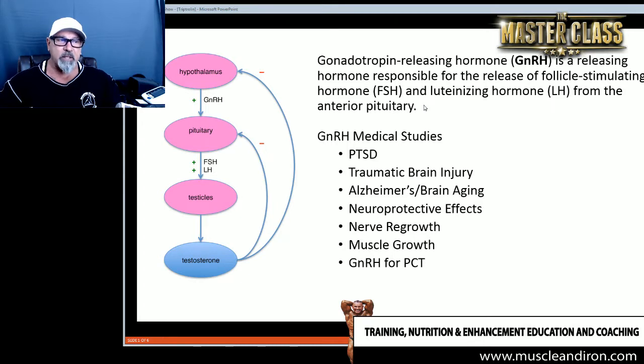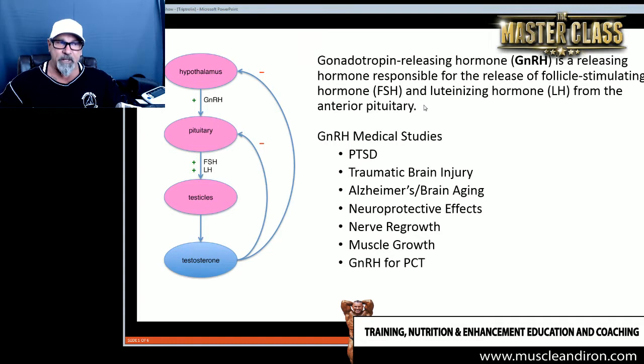Now, as I said, there are a number of gonadotropin releasing hormone analogs on the market, and there are a number of potential clinical applications for this class of drug, and they include post-traumatic stress disorder, traumatic brain injury, recovery from traumatic brain injury, Alzheimer's, brain aging, nerve regrowth, muscle growth, even potentially there's a discussion around, is this a viable solution for testosterone replacement therapies?